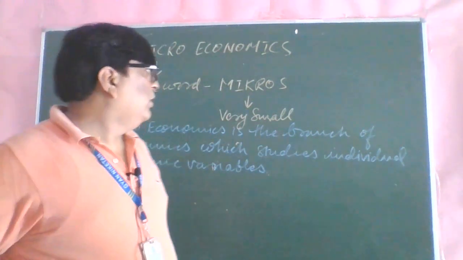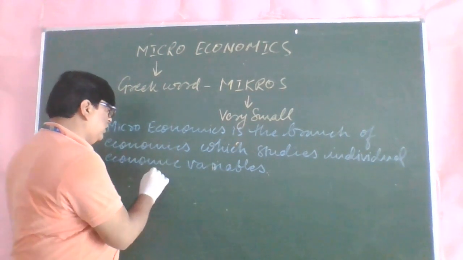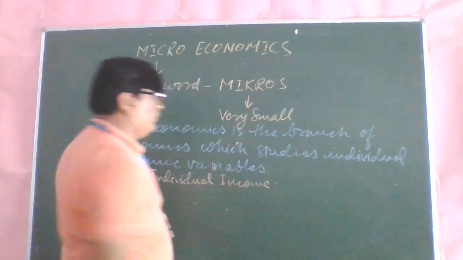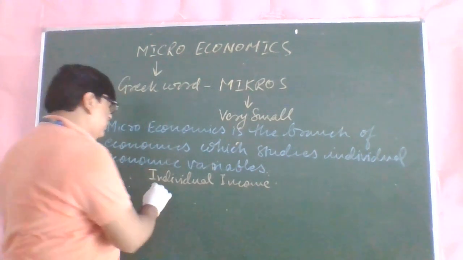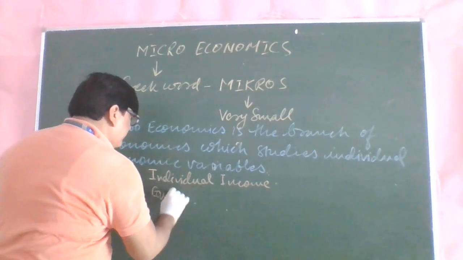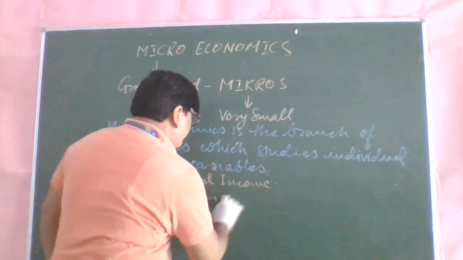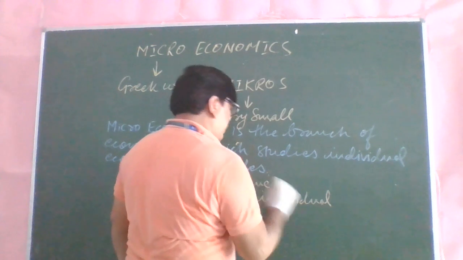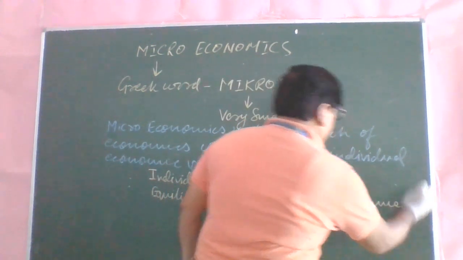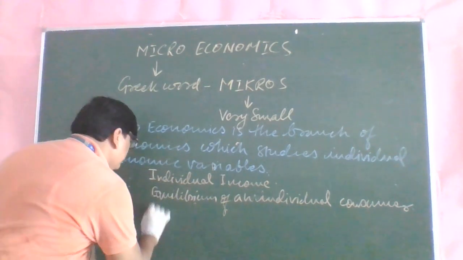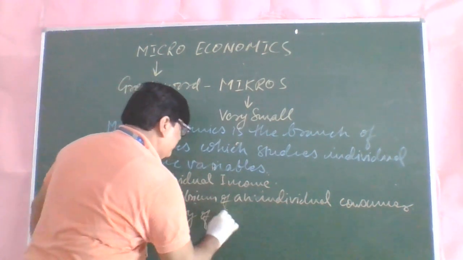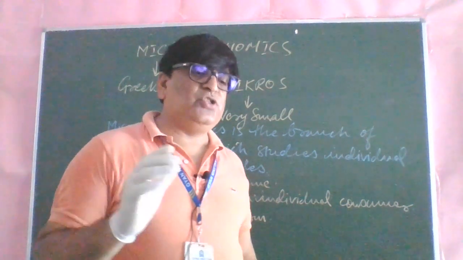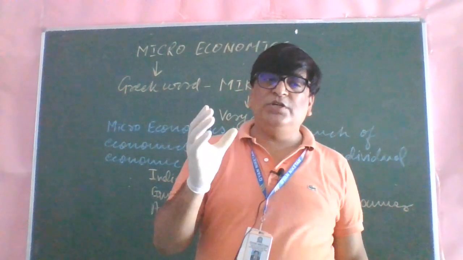For example, individual income, for example, equilibrium of an individual consumer, activity of a firm. So microeconomics is the branch of economics which studies individual economic variables.